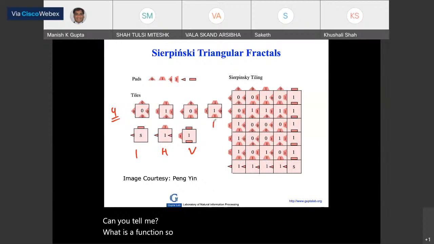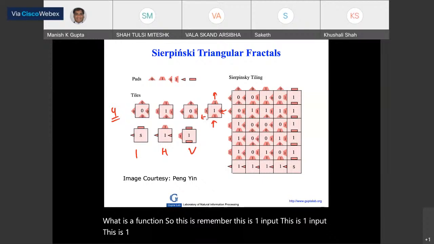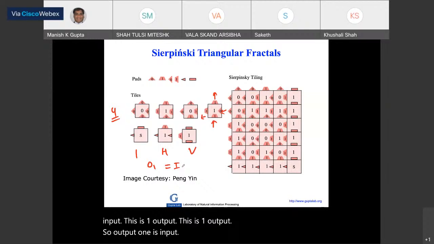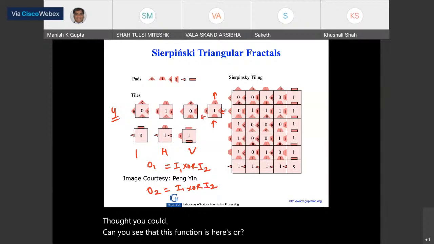Remember, this is one input, this is one input, this is one output, this is one output. So output 1 is the sum operation, you can see that it is XOR. And output 2 is input 1 XOR input 2. Can you see that the function here is XOR?